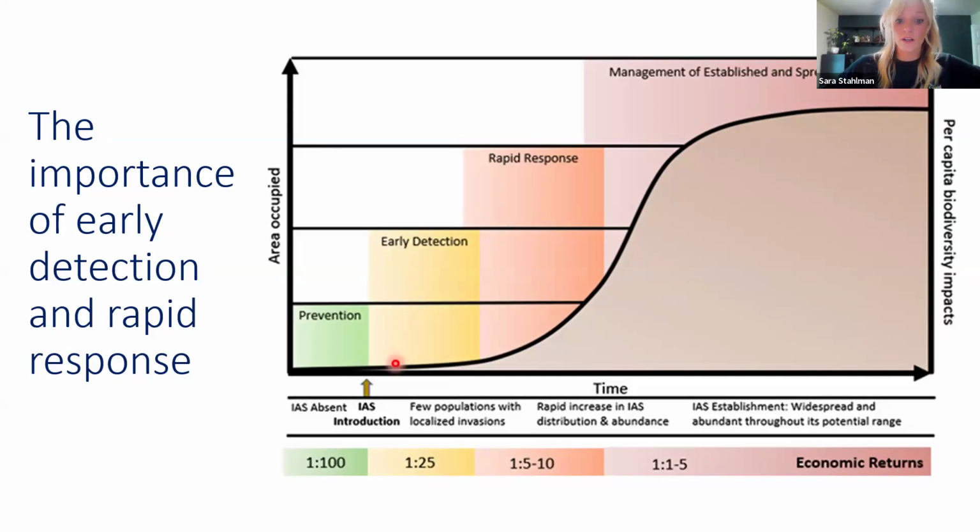So we're really focused here where the cost is relatively low, and your area occupied is more like a couple of populations with localized invasions where you might be able to take some action. That leads us into rapid response. So it's really important to be on the lookout. And again, it's that motto of if you see something, say something, because that allows us to move quickly, relatively speaking, and learn about these things so that we can take action.